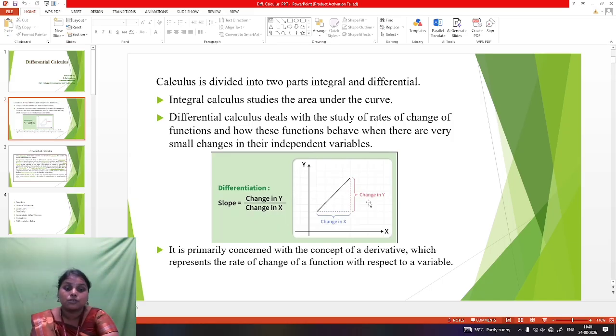Functions represent only y values. Another one is the differentiate part: y with respect to x, where the y value is given with respect to the x value. This is the differentiation type.